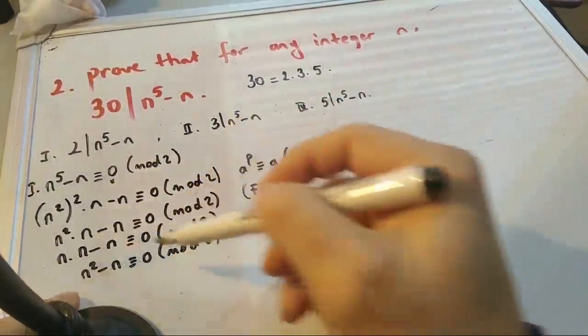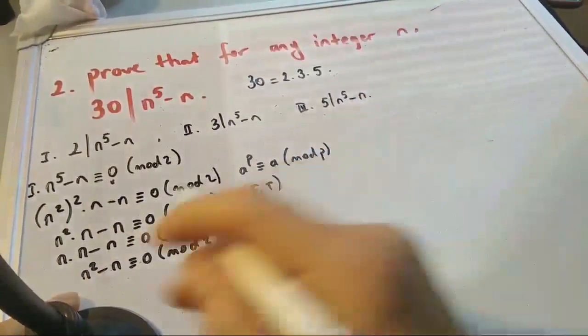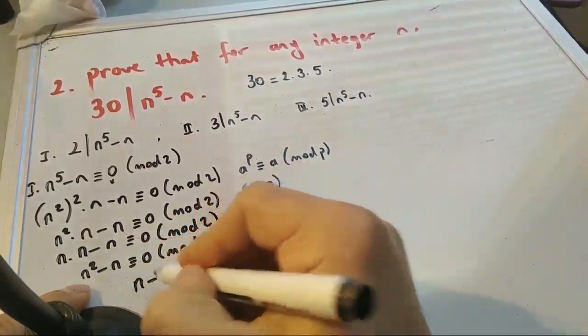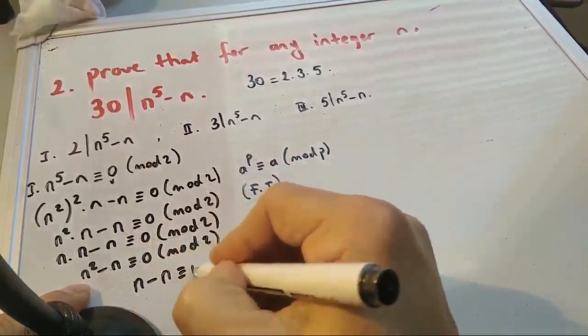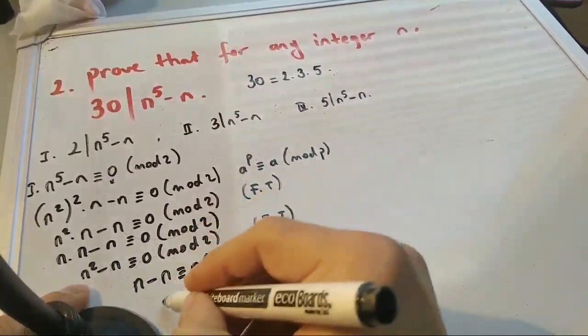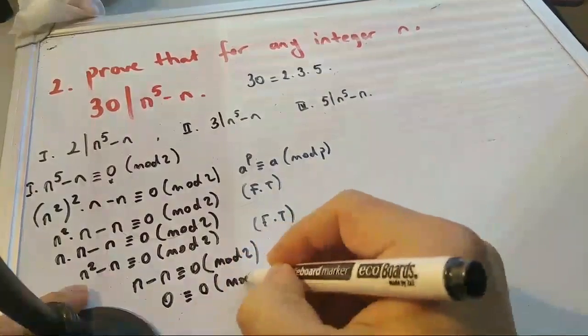N squared in mod 2 by Fermat's theorem will be itself, n, minus n is congruent to 0 in mod 2. N minus n is 0, congruent to 0 in mod 2.